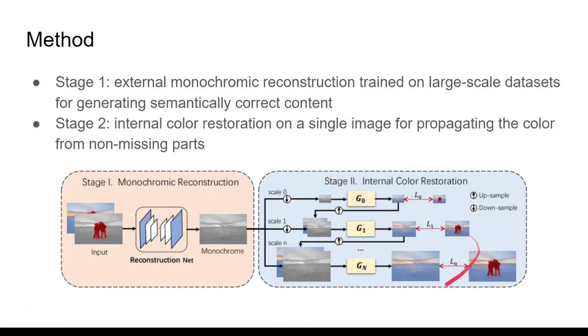And the second stage is the internal color restoration on the grayscale image for propagating the color from non-missing parts using a progressive structure. There are two main advantages of this architecture.